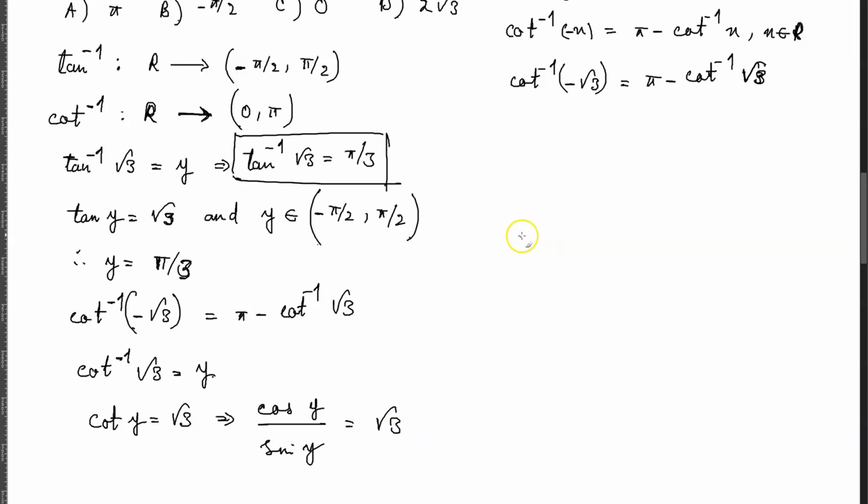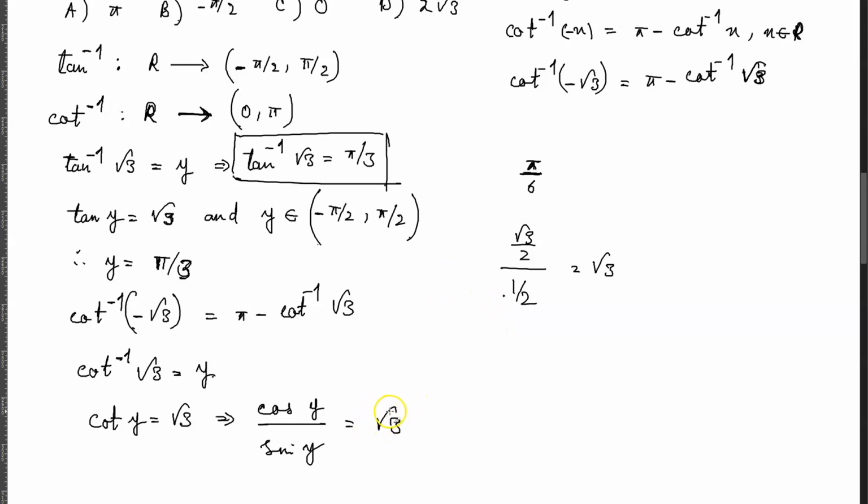Now, if I go for example for pi by 6, which is 30 degrees, you would have square root of 3 by 2 over 1 by 2, which would be square root of 3, right?